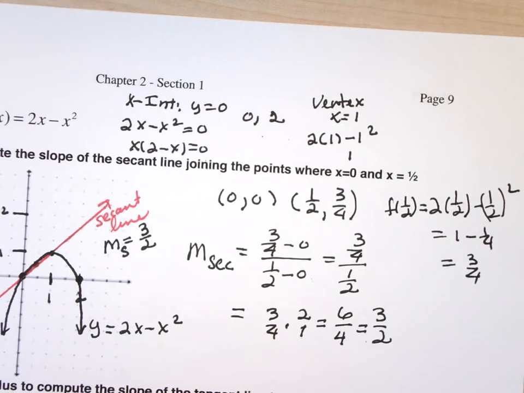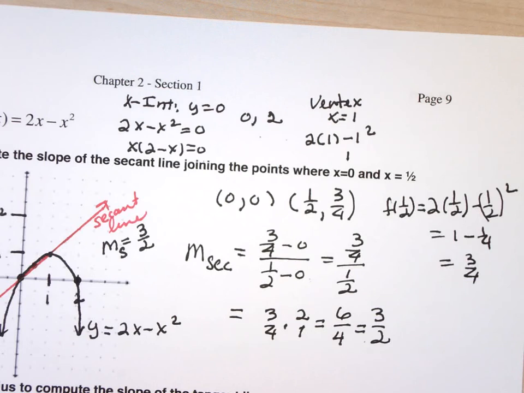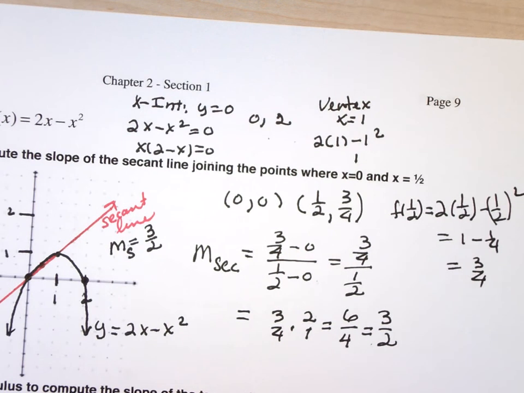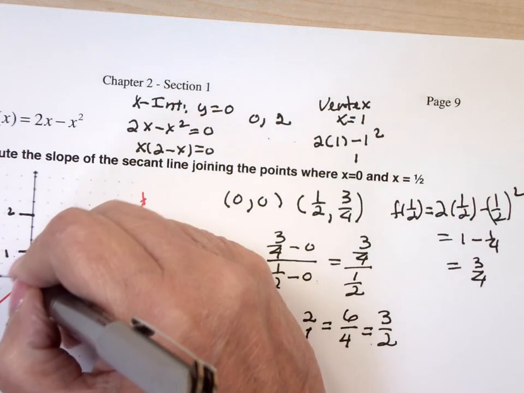And then it says, use calculus to compute the slope of the tangent line at x equals 0 and compare it to the slope in part A. Well, if I'm going after the slope of the tangent, here's 0.